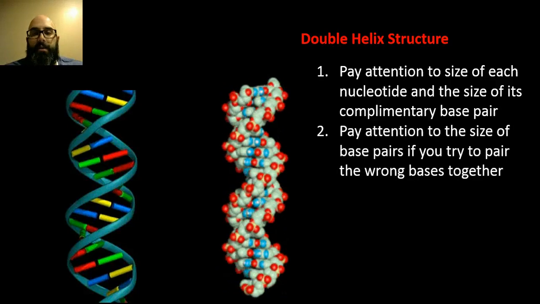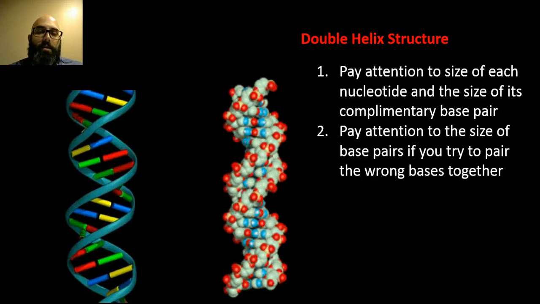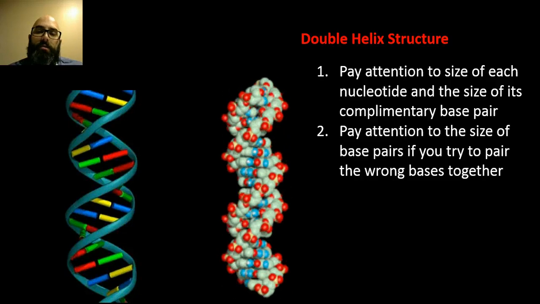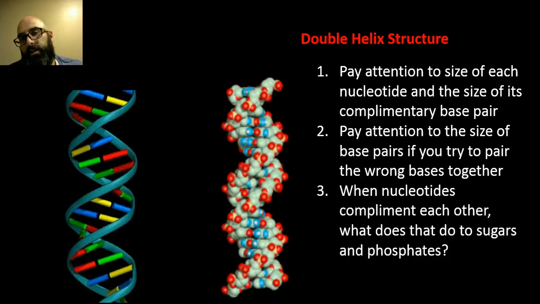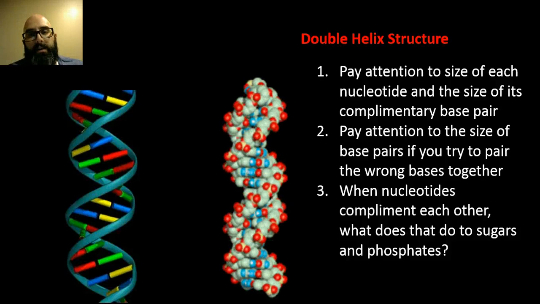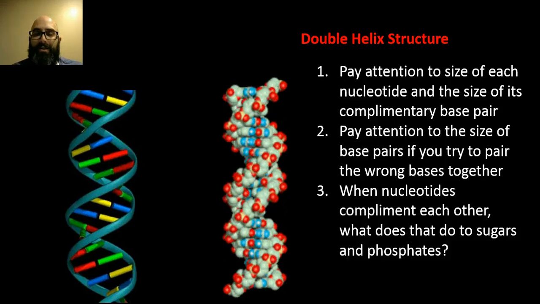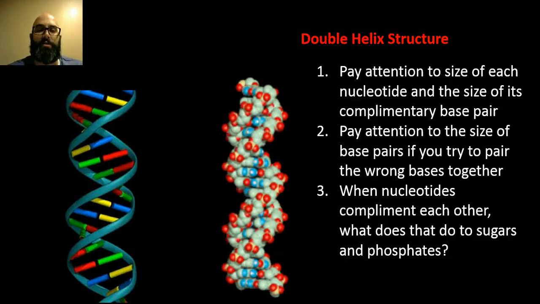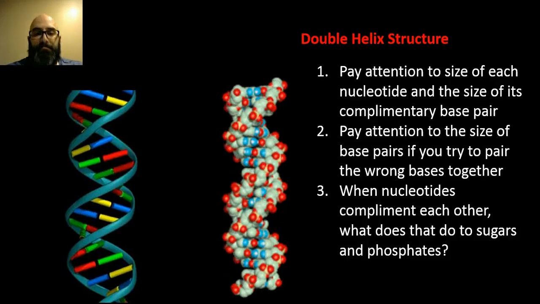I also want you to pay attention to the size of the base pairs if you tried to bind them incorrectly. What would that do to the structure of DNA? The third thing that's going to give you a hint is when the nucleotides actually complement each other, what does that cause the sugars and phosphates to do on the outside rings or on the outside rungs of the ladder?